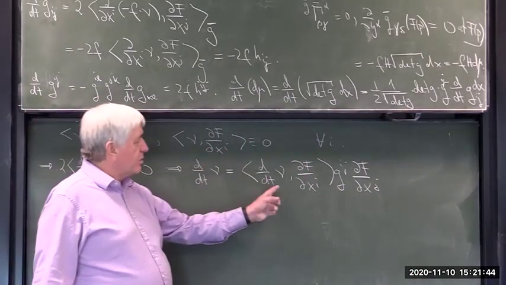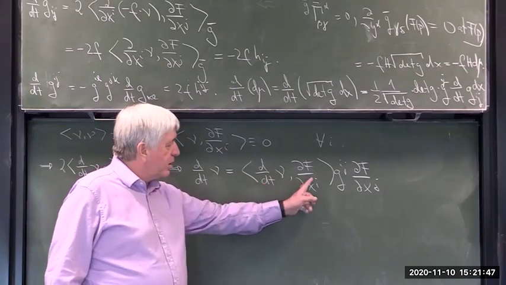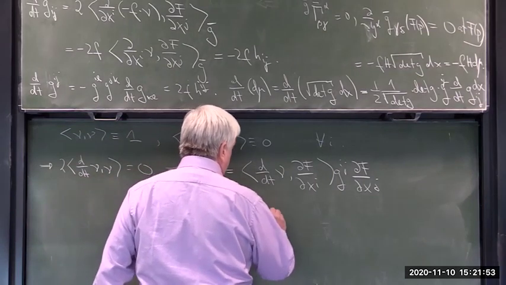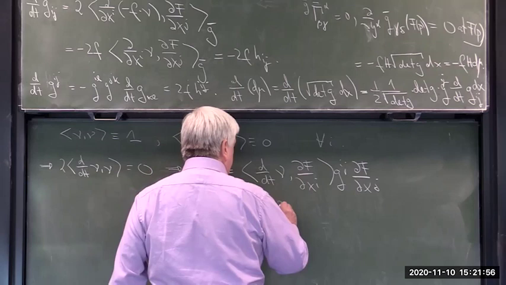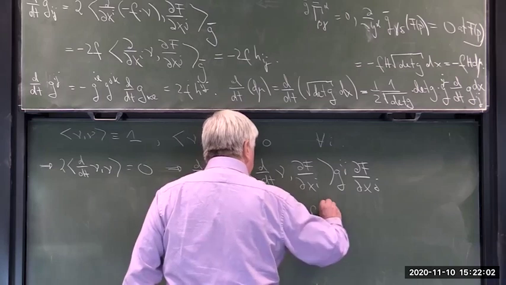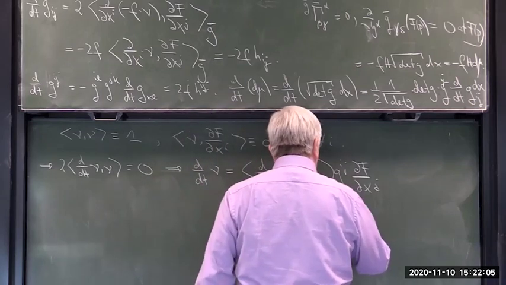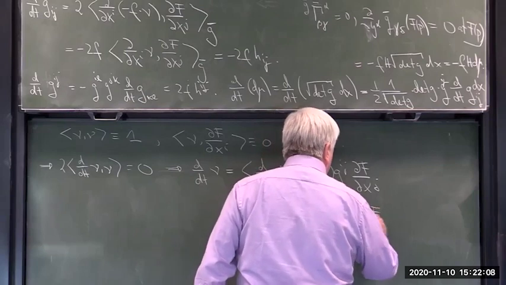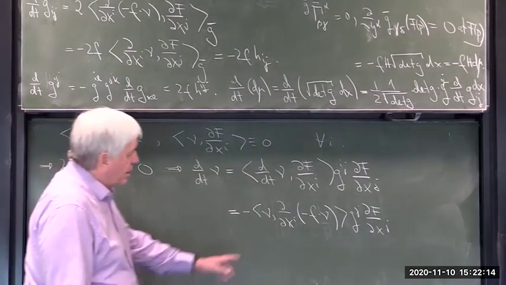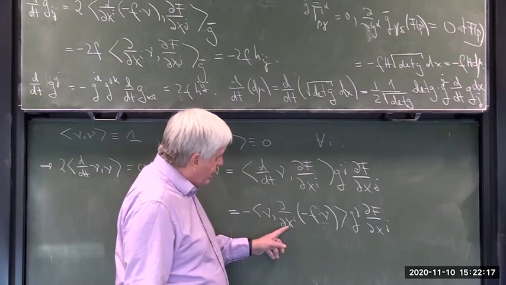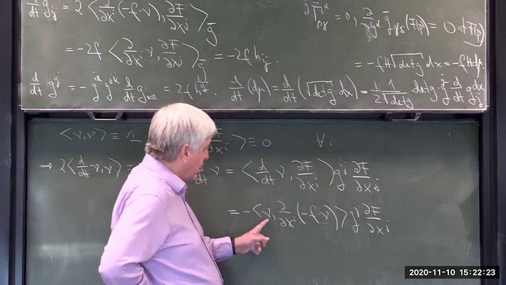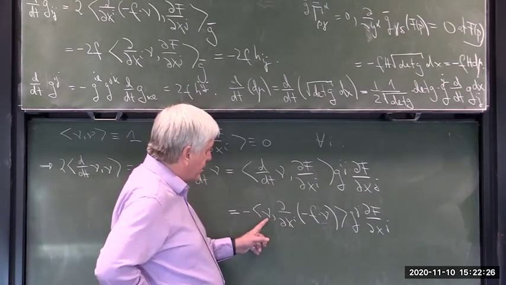But now, because this is 0, I can pull the ddt on the other side. So I get here minus nu times ddt df dxi, which is ddxi of ddtf, and ddtf was minus f times nu. And this gets multiplied with g upper ij df dxj. And now notice, because of the Weingarten relation, ddxi of nu is a tangent vector, so it gets multiplied with nu, gives 0.